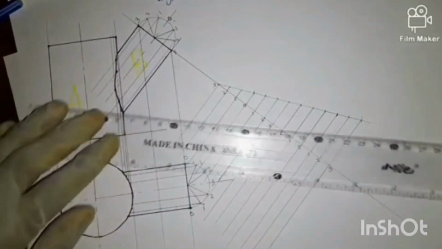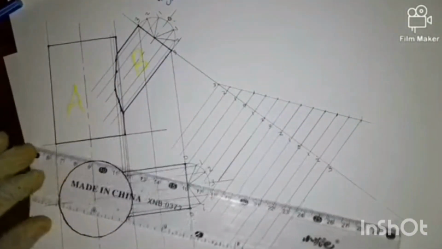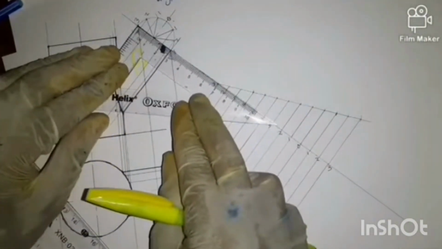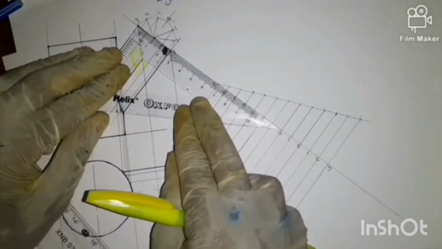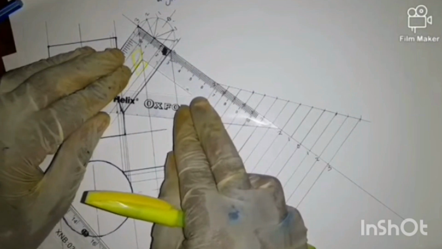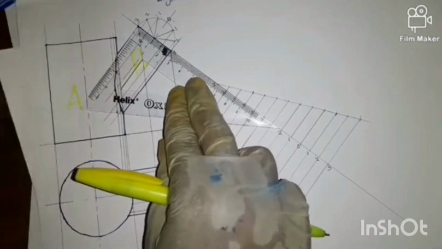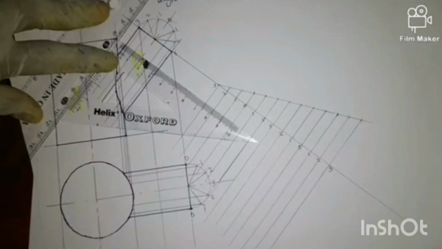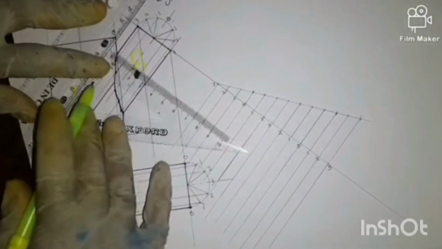And now to draw this, we can use this edge. Then fix this side. We can draw this. This one.